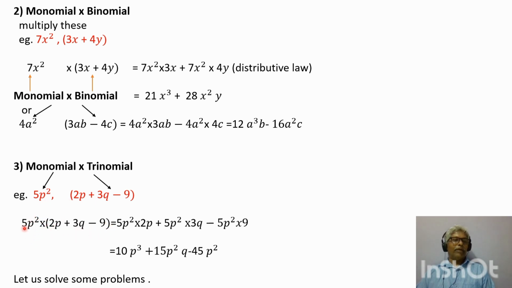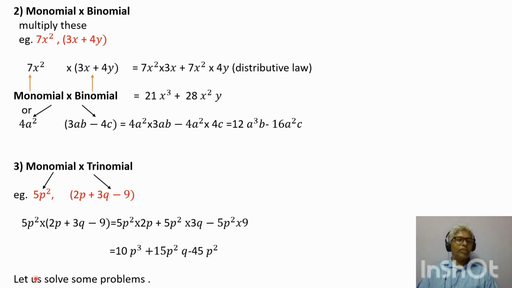We have to multiply 5p square to all these terms separately. 5p square into 2p, 5p square into 3q, 5p square into 9, and the minus sign carries like this. And now carry out the multiplication. 10p cube plus 15p square q minus 45p square. Okay, so this is very simple.